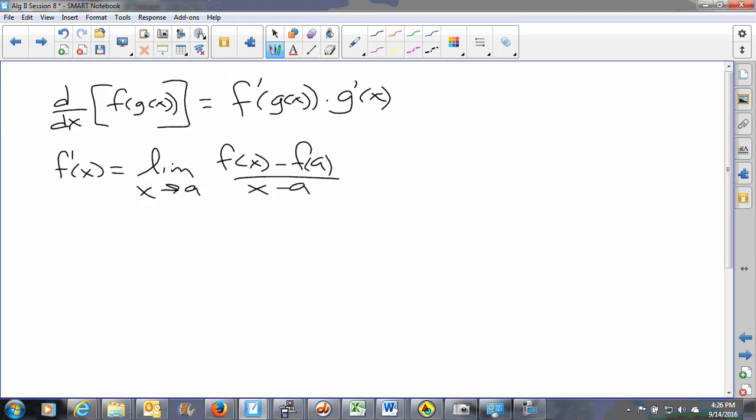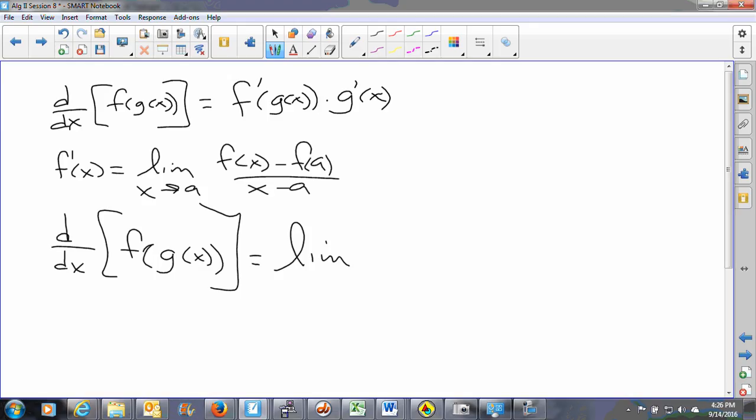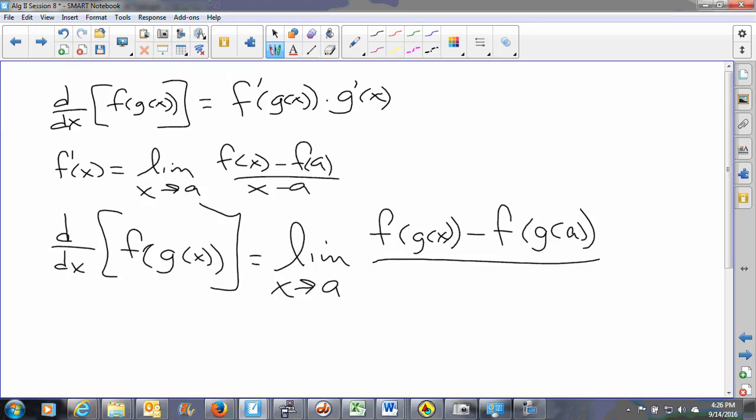Now, to prove this, we would say that the derivative with respect to x of f of g of x is equal to the limit as x approaches a of f of g of x minus f of g of a over x minus a.